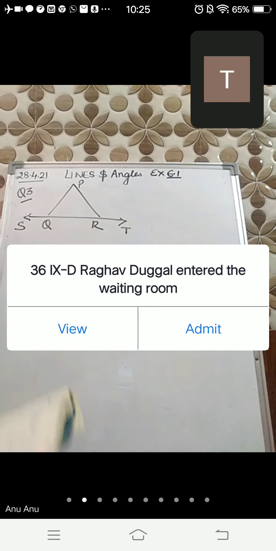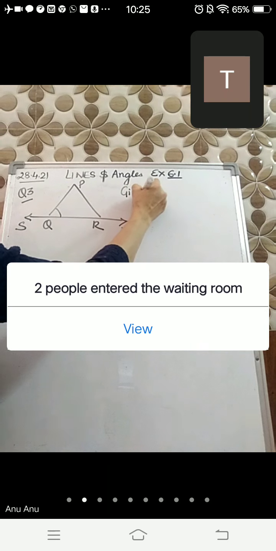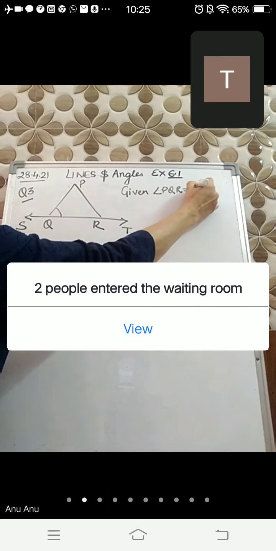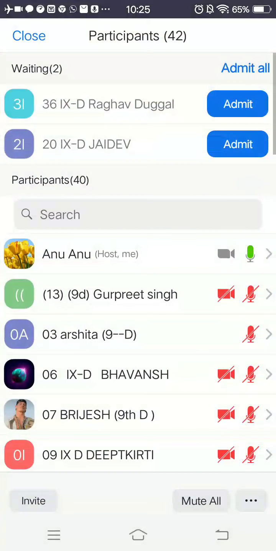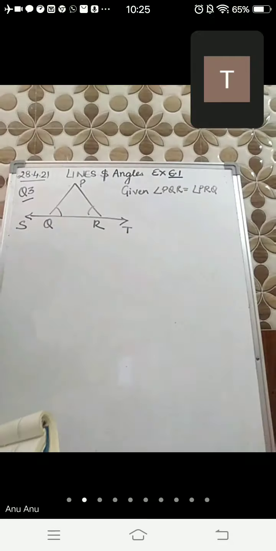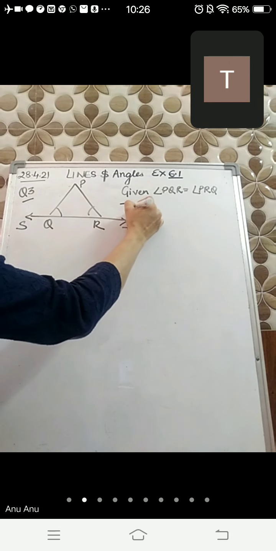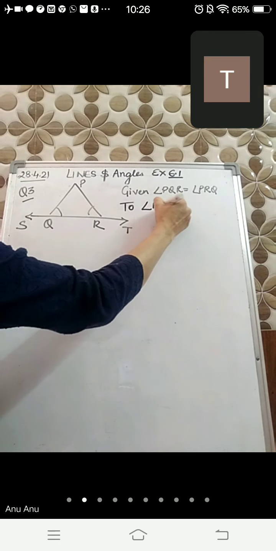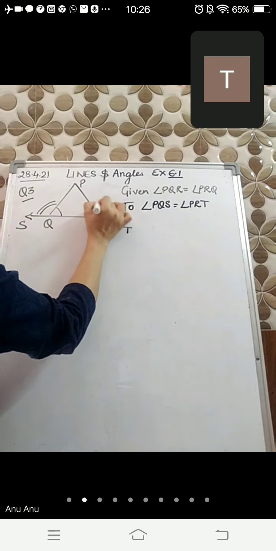Now, angle PQR is equal to angle PRQ. These two angles are given equal, and you have to prove that angle PQS is equal to angle PRT. These outer angles are equal to one another.